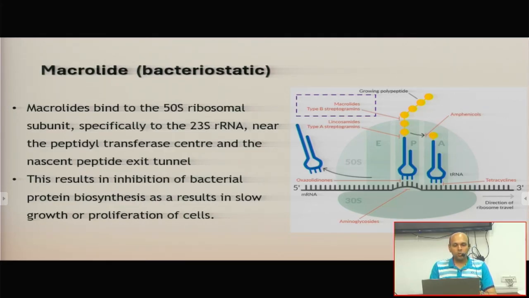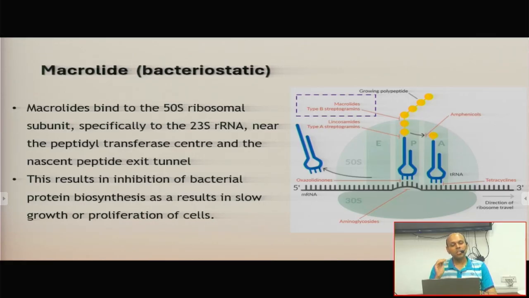And don't get too confused, 50S and 30S, these are the subunits. These are ribosomal subunits, especially for people who don't know. The bacterial ribosome is made up of the 50S and 30S subunits, and that whole thing is called a 70S ribosome. It is not mathematics over here. It is not 50 plus 30 is equal to 80.